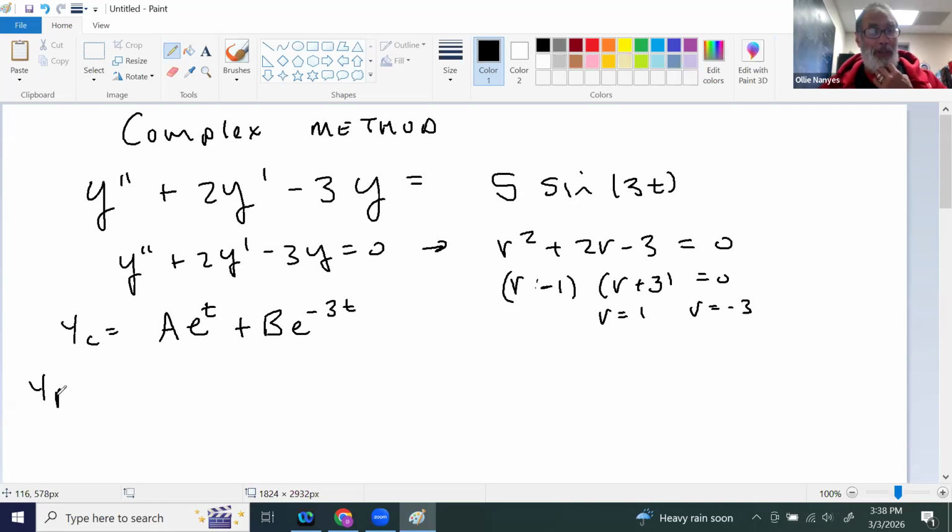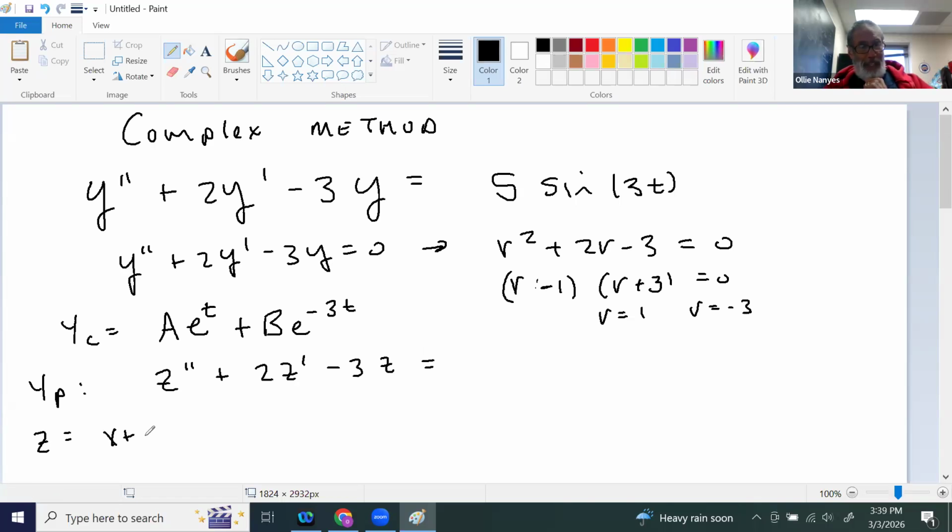So to get the particular solution, we would generally have to assume some combination of sine of 3t and cosine of 3t, but why not try to look in the complex domain? Why don't we allow y to be complex? We're going to use the variable z here to indicate that we have a complex type of thing. Remember, z is going to be x of t plus i y of t, and this splits up nicely because this is linear.